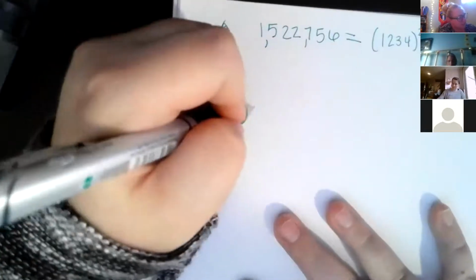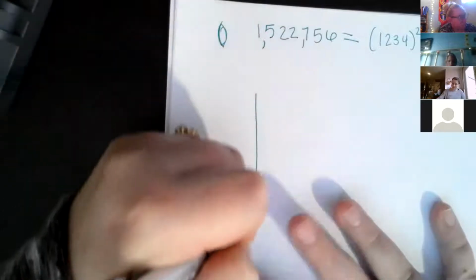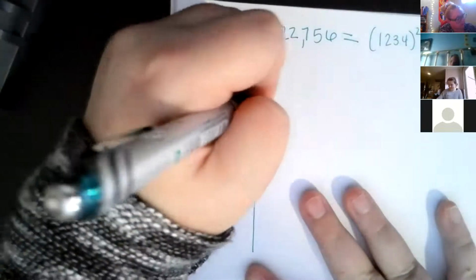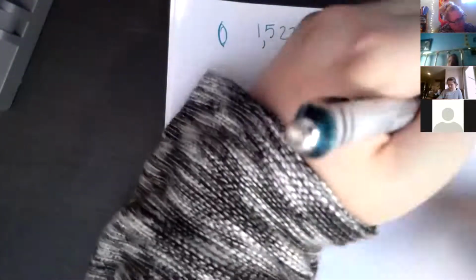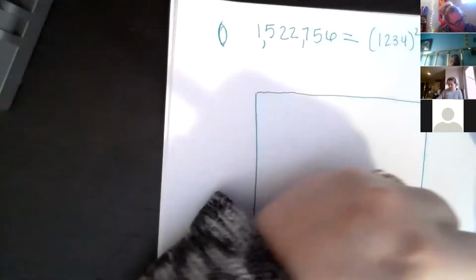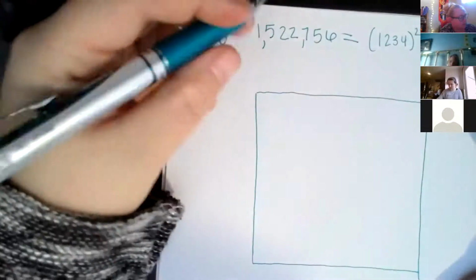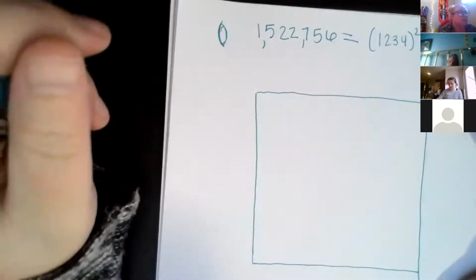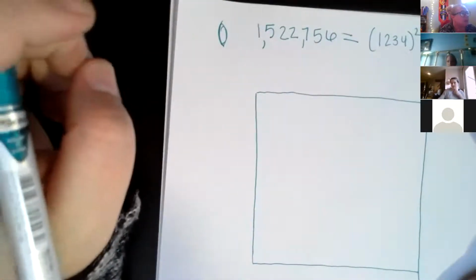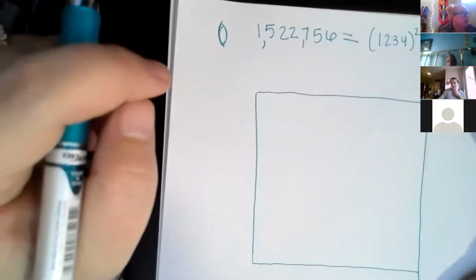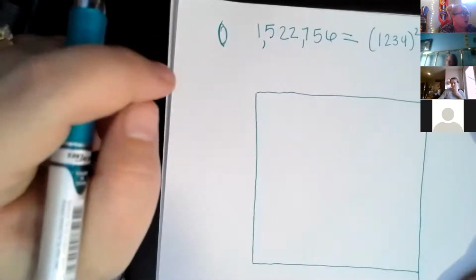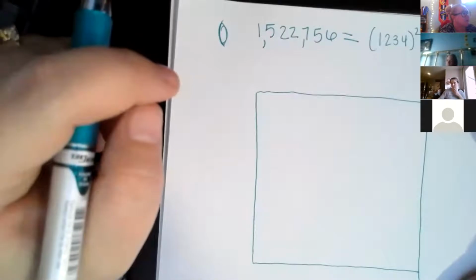So that would mean we need to make our box, or our square, or do you think we could do the same? Maybe we just get a double digit for A. That might save us some time, right?